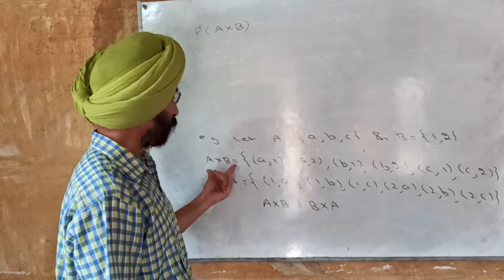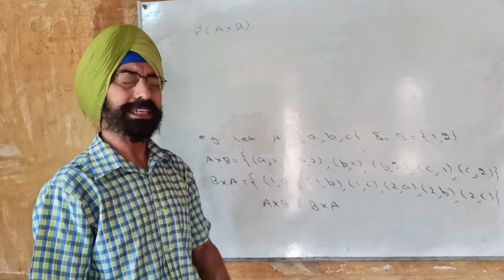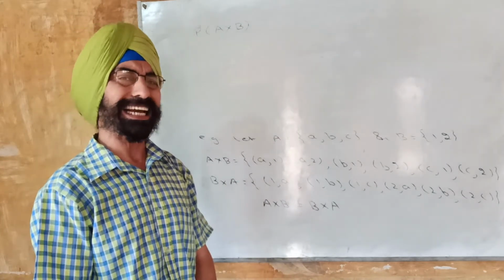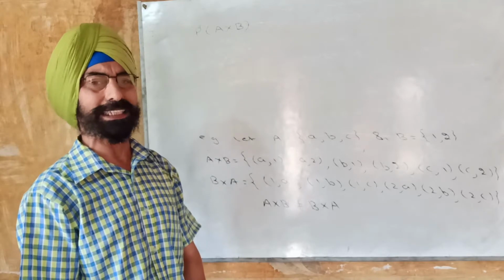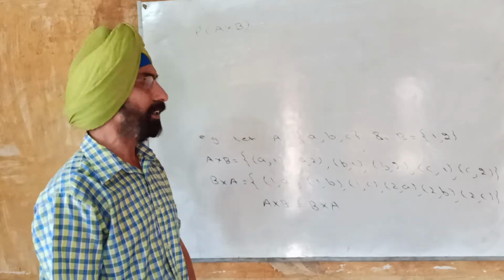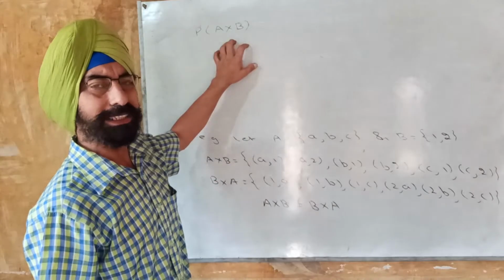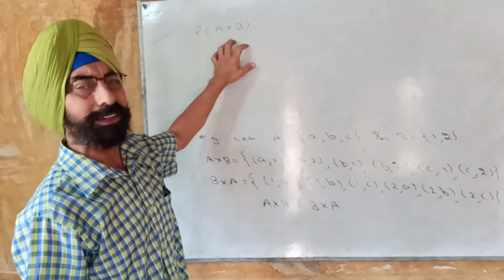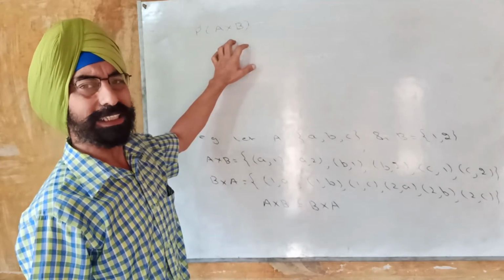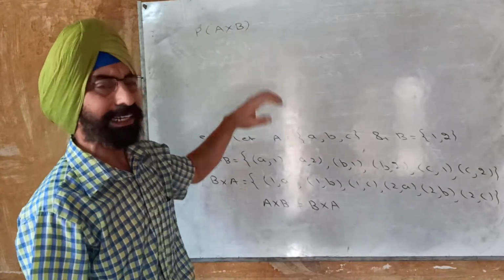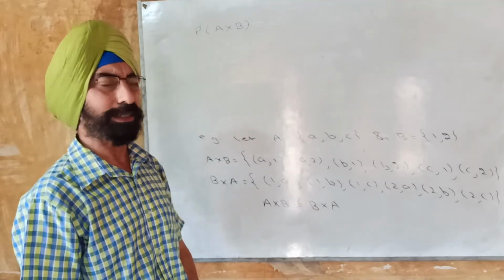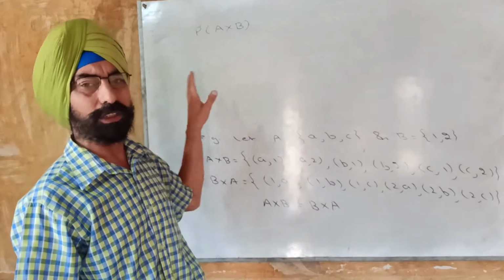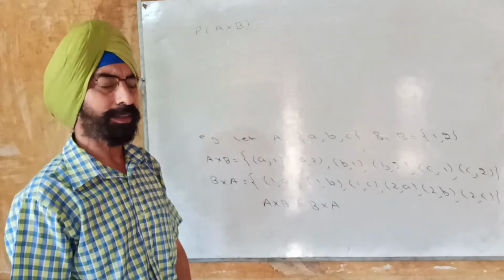The set A cross B has 6 elements, and we know that if a set has n elements, then the number of elements in the power set is 2 raised to the power n. So here the number of elements in this set will be 2 raised to the power 6, that means 64. So it will be a set with a collection of 64 elements, which I am not going to write here because it will take too much time.